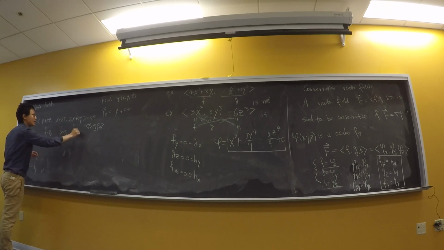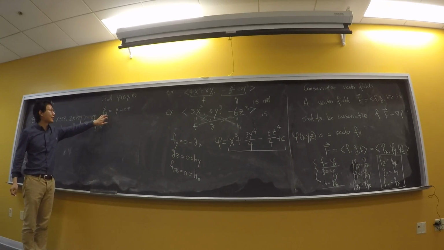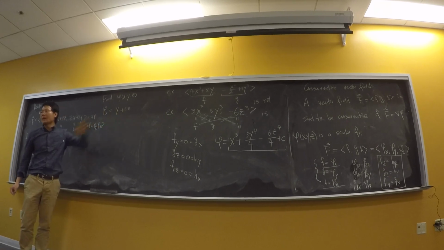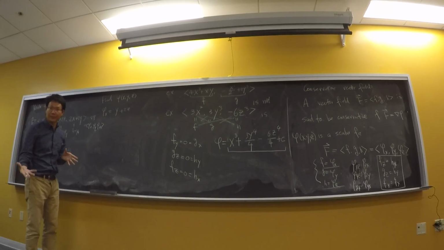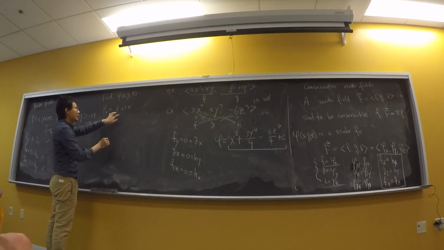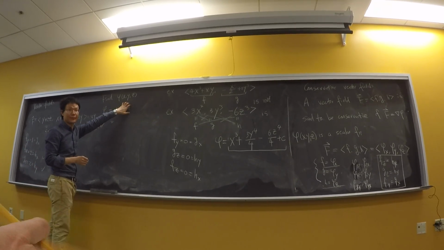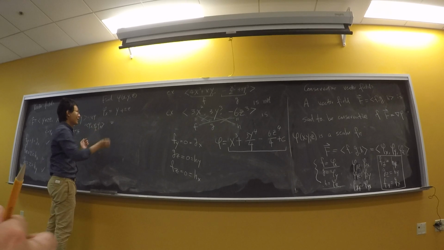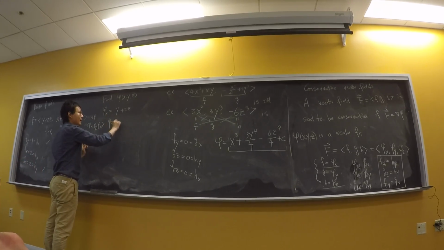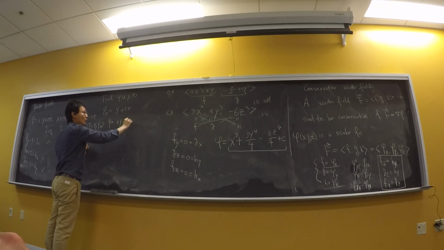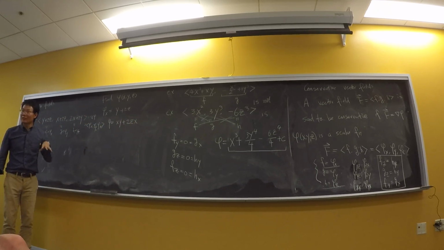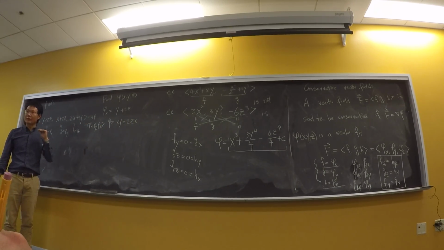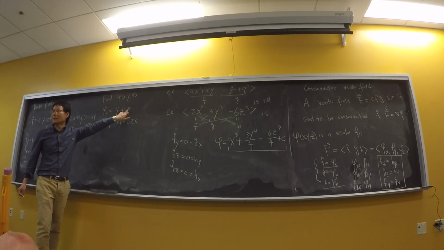So if I have phi_x is equal to y plus 2z, taking the partial derivative, y and z are both considered as constants. I can find the antiderivative by regarding these two as constants. It's going to be xy plus 2zx. The only thing I'm doing here is finding the antiderivative with respect to x by regarding y and z as constant.